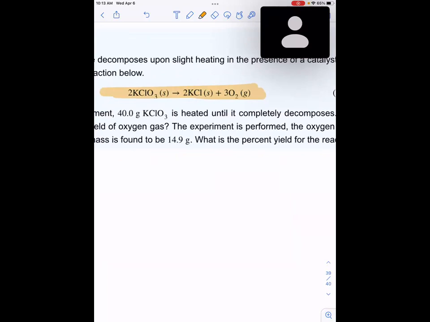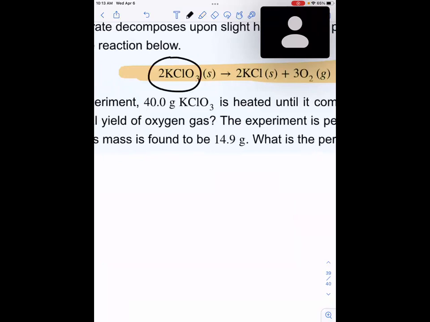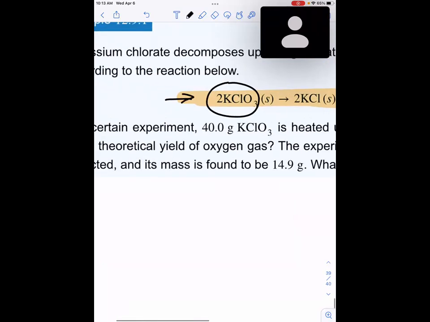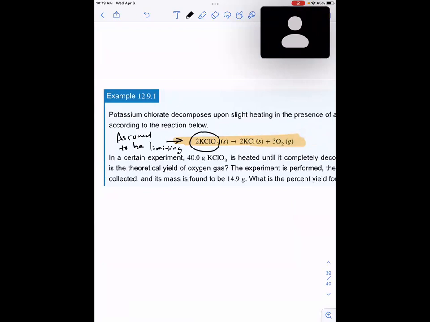We don't have another reagent, so KClO3 is assumed to be limiting because there's not another reactant present. Right, so we assume that to be limiting.